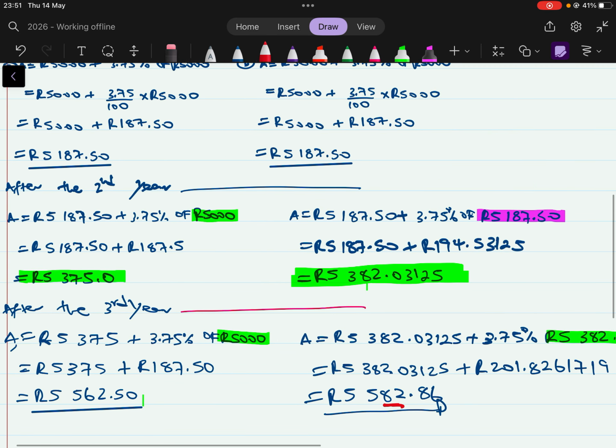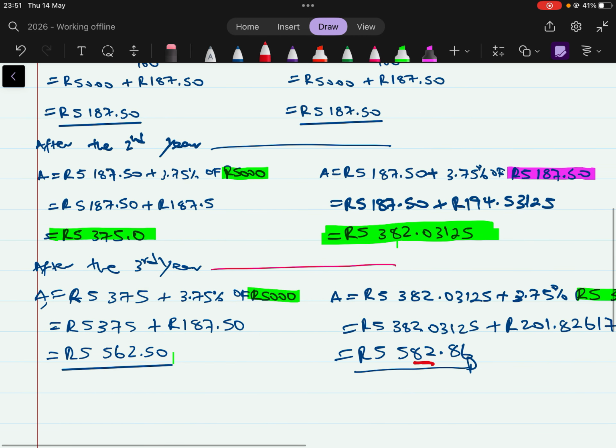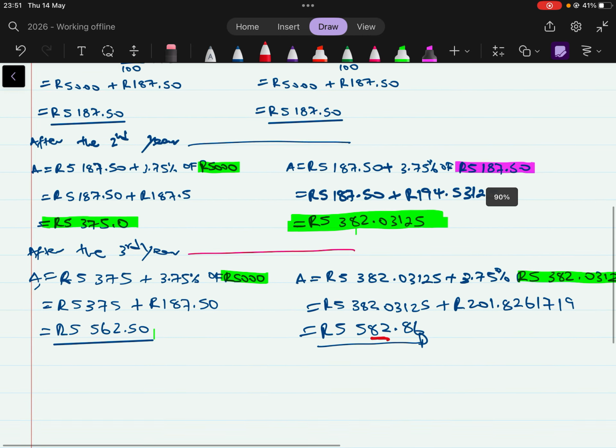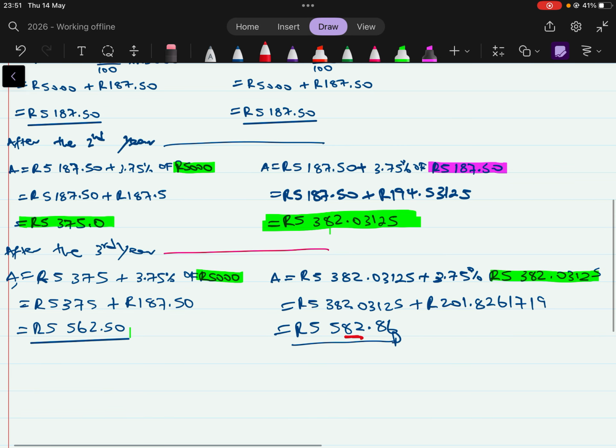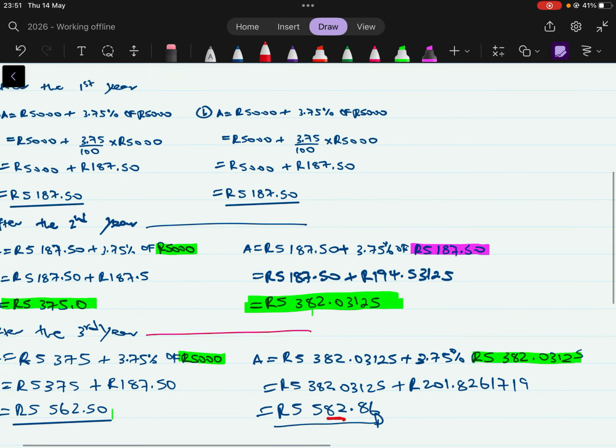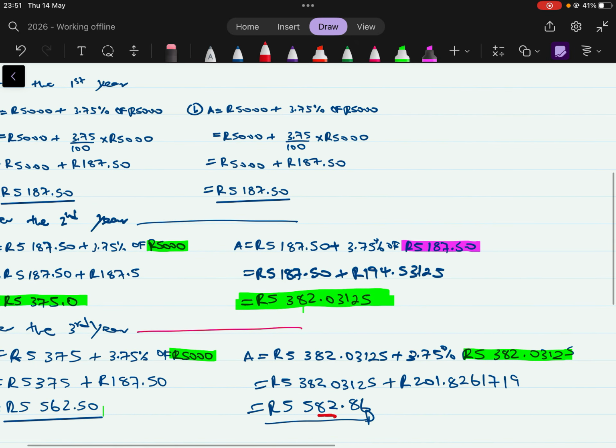Maybe somewhere I did get the mathematics wrong, but for your own and my own sanity, I'm going to do double checking to ensure that I got this calculation correct, because usually I don't feel right when I don't get answers which make sense. Plus 3.75% of 5,000, then I get that.